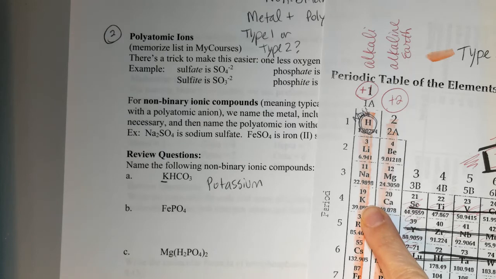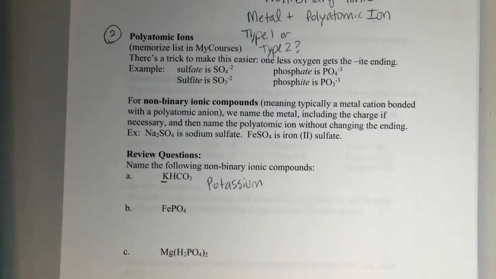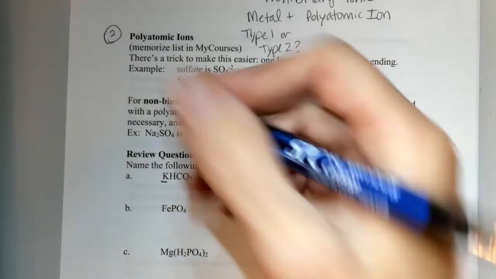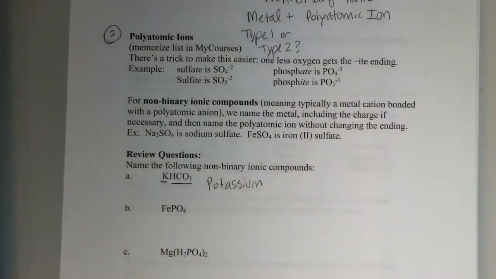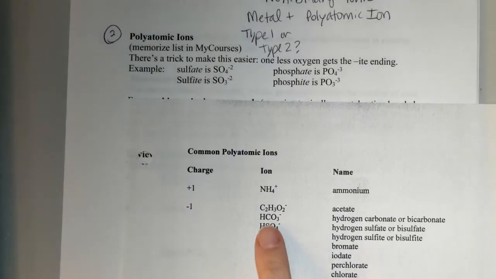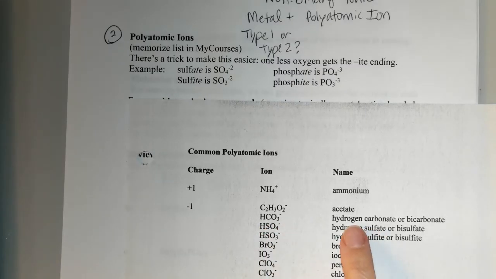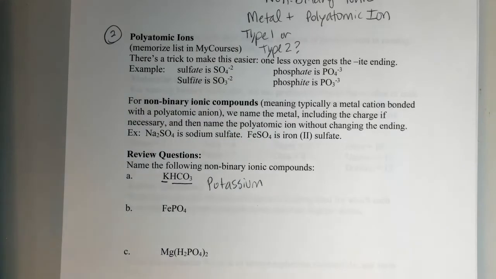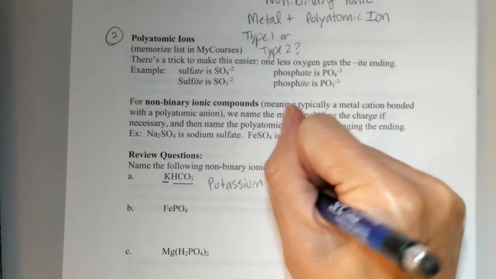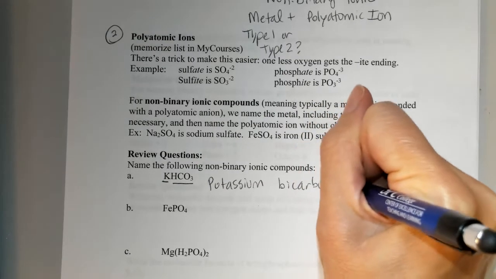Then the second part is the HCO3. The H is part of the polyatomic. If I look on my list of polyatomics, for HCO3 you have a choice. You can write it as hydrogen carbonate or as bicarbonate. Up to you. So, potassium bicarbonate.